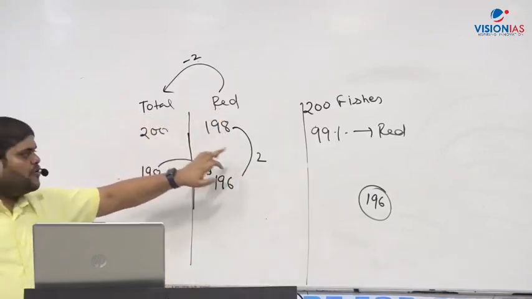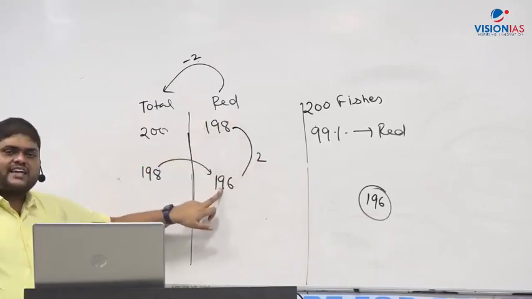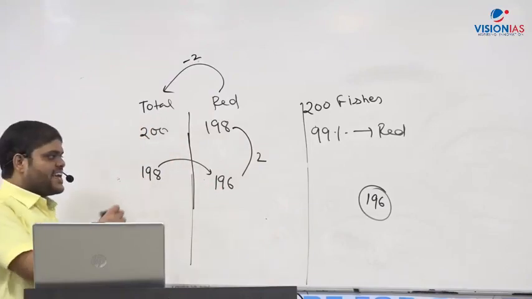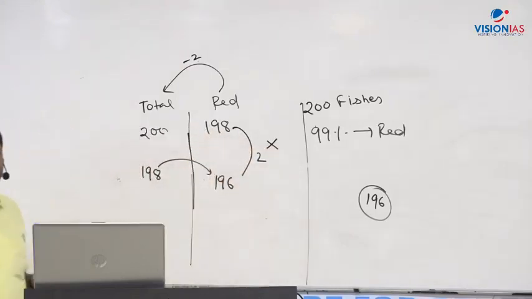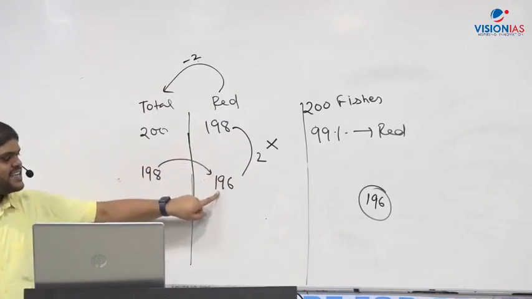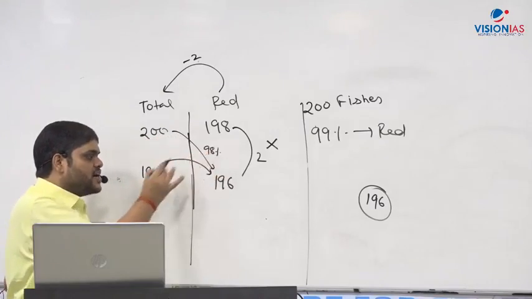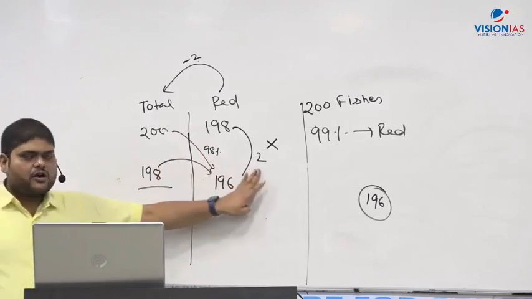When you remove two red fish, the red fish become 196 and the total becomes 198. That means 2 cannot be the answer, because 196 is 98% of 200, not 98% of 198.